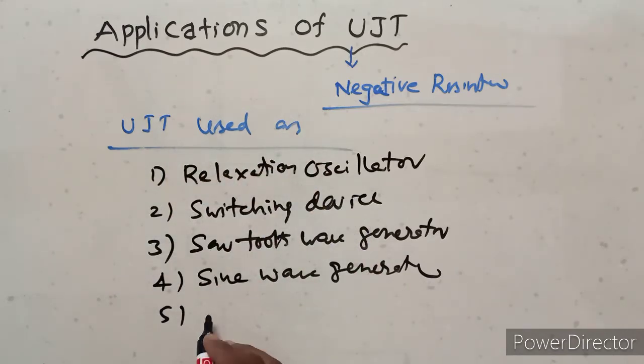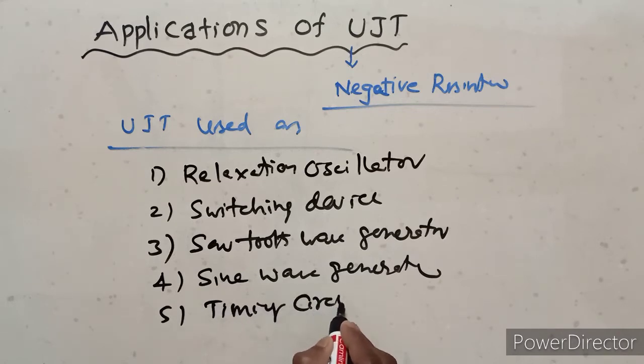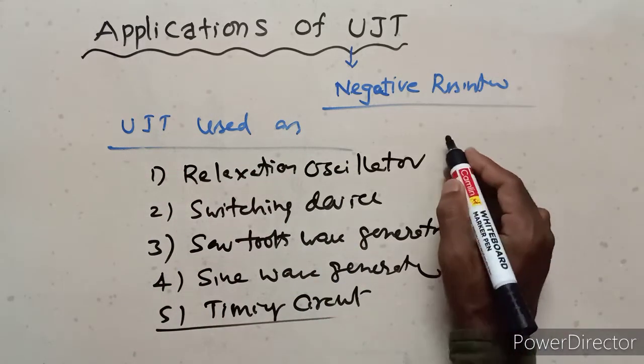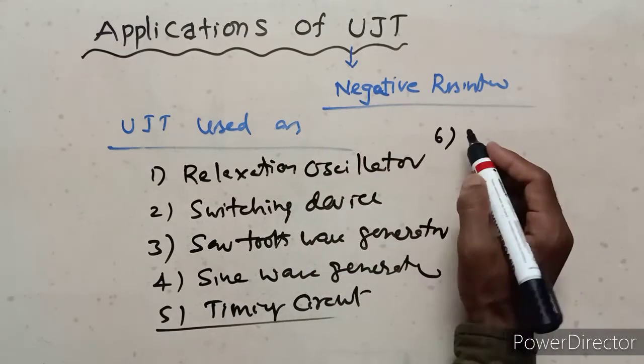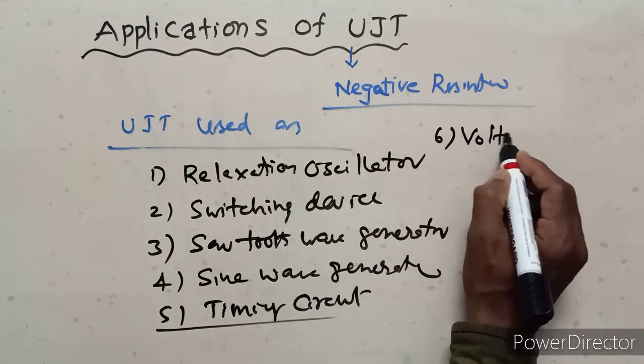Next one, timing circuit. The UJT is used in timing circuits, and also as a voltage detector.